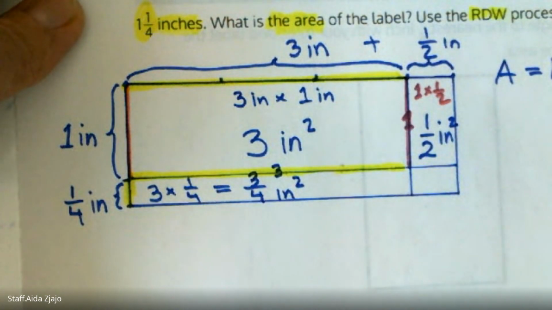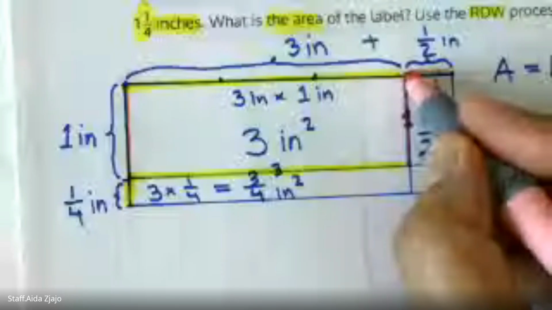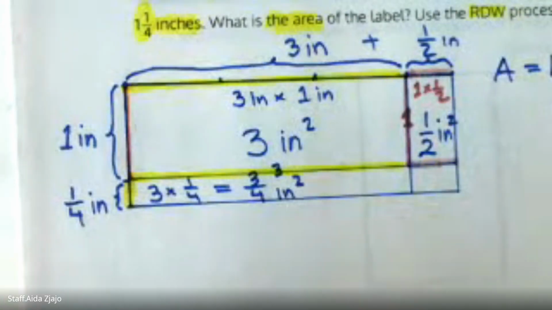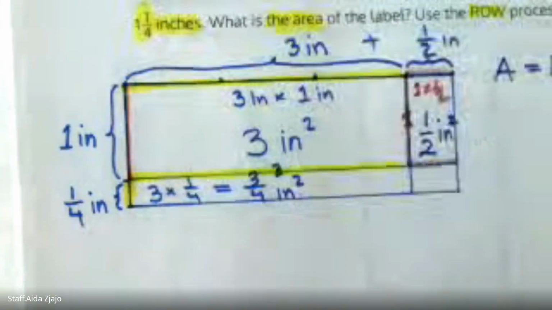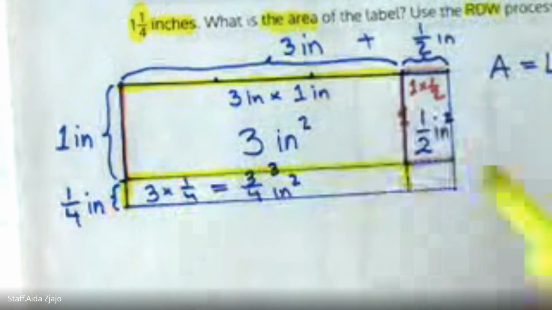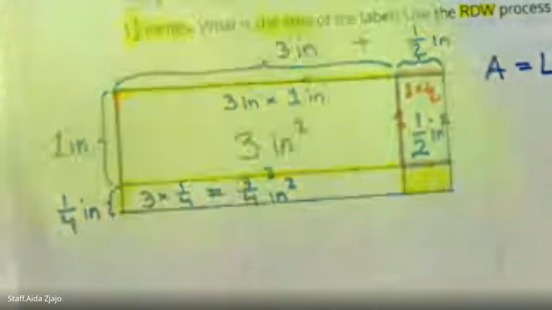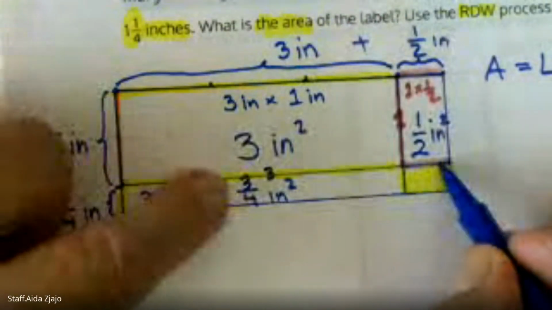Okay, the last but not least is this. If this is a half, so is this. If this is 1/4, so is this. So this little guy here, the area of that rectangle, is 1/2 times 1/4.